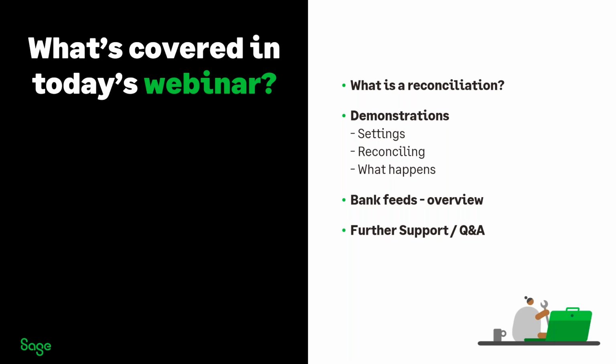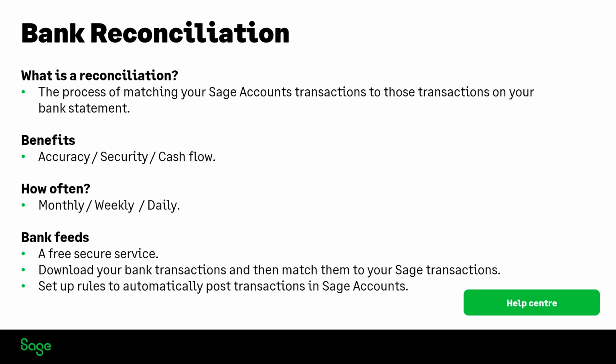So we'll start with a little bit of background. Some of you will be very familiar with the theory of reconciling, and you'll have done it probably a number of times in Sage. Others may not have touched it at all. But what is a reconciliation? Basically, it's the process of matching the transactions you've entered in your accounting software, in Sage Accounts, against the transactions on your bank statement.